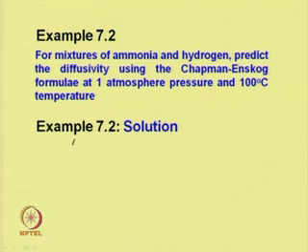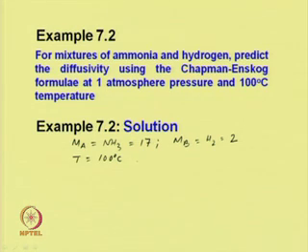So, MA is equal to NH3 is equal to 17, and MB for hydrogen is 2, T is given 100 degree centigrade, which is equal to 100 plus 273, so 373 Kelvin, and PT is the total pressure, which is 1 atmosphere. Now, the Lennard-Jones potential parameters.